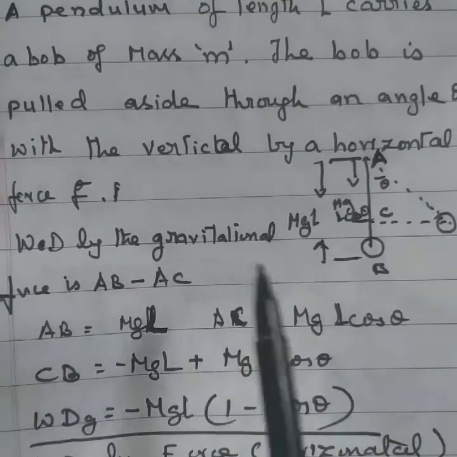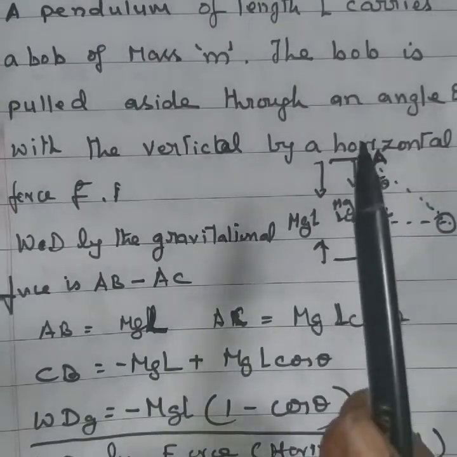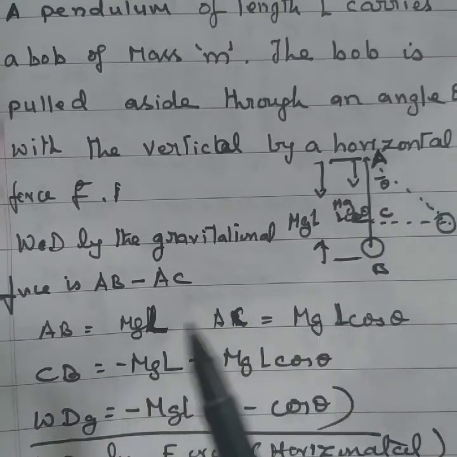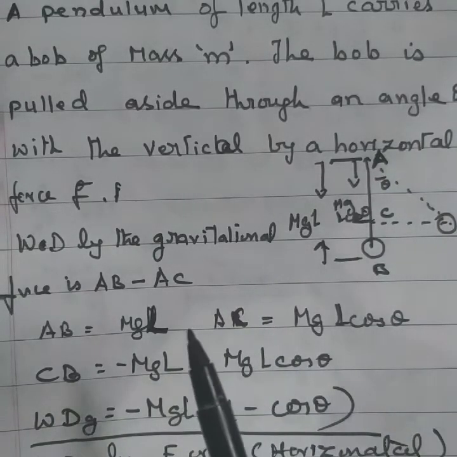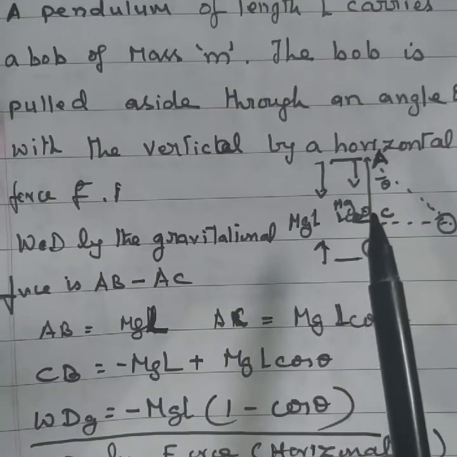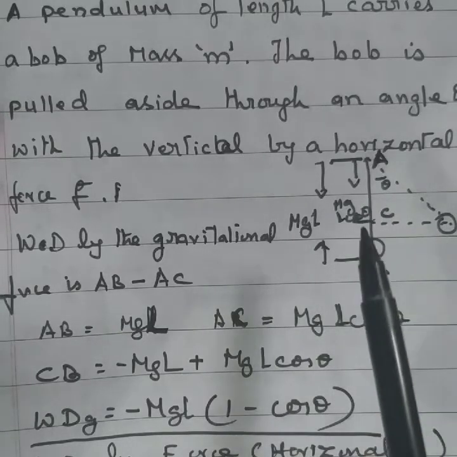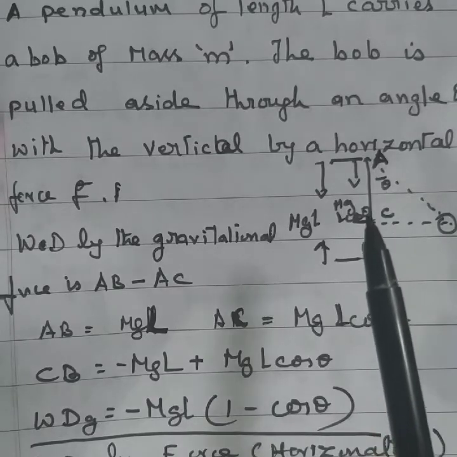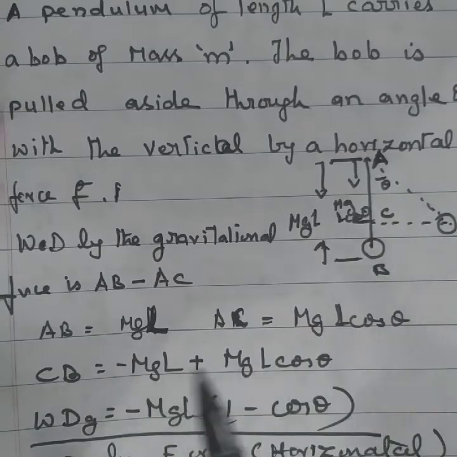Now work done by the gravitational force acting down, the bob raised up to this extent. So that raised part is equal to AB minus AC, and AB is MGL. That means here MGH we write, or this length is MG, and AC is this part. So this is L cos theta, this is the hypotenuse, and this is a right angle triangle. So this part is the base, so this is L cos theta. So work done is MGL cos theta.